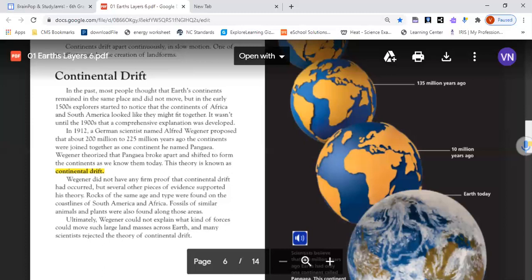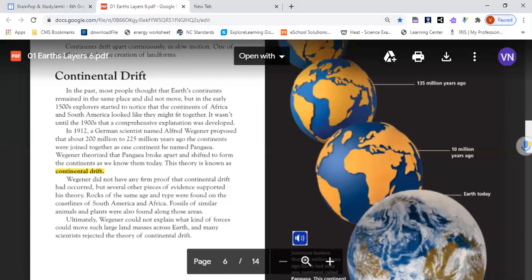Wegener did not have any firm proof that continental drift had occurred, but several other pieces of evidence supported his theory. At that time, when he framed Pangea and the concept of continental drift, he did not have any proof to show the scientific group that what he was saying was right.